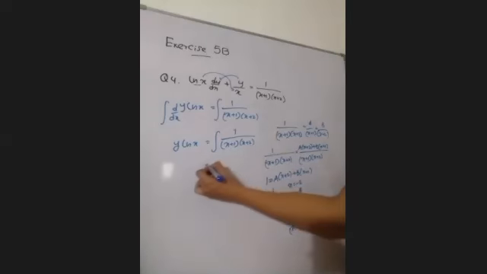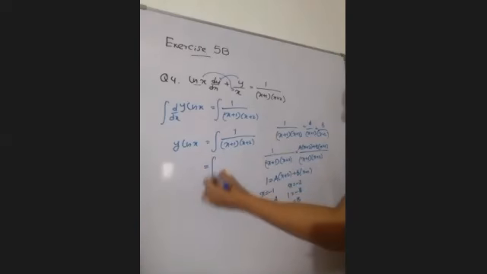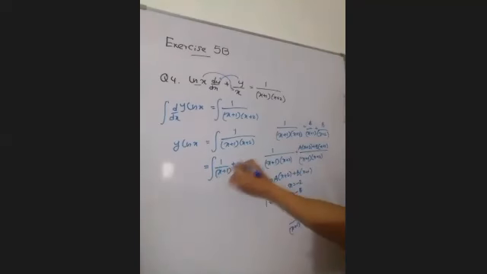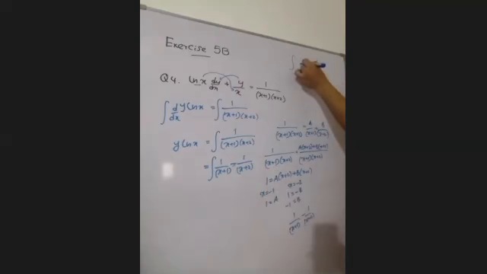Then you can write this one, integration of 1 over x plus 1 minus 1 over x plus 2. Then we know that integration of 1 over ax plus b, we already learned this fact.